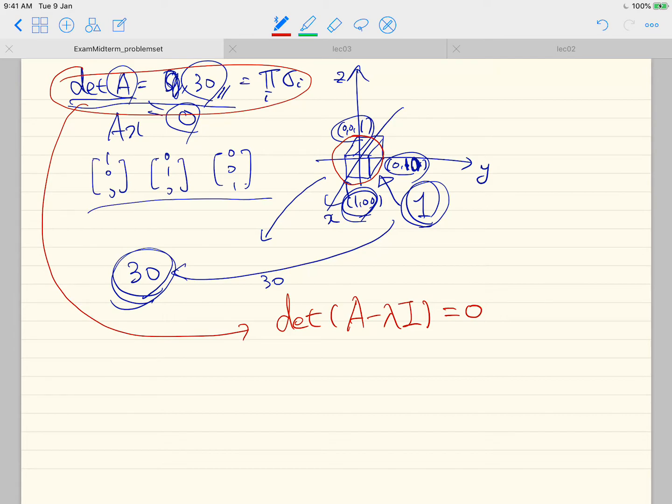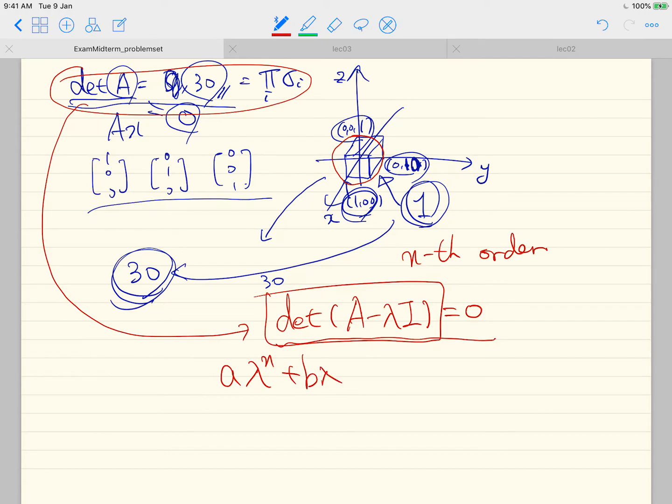And then we know that the left hand side is the nth order polynomial, right? Which means some lambda^n, plus b lambda^(n-1), plus c lambda^(n-2), and so on, and some constant, being equal to 0, right?